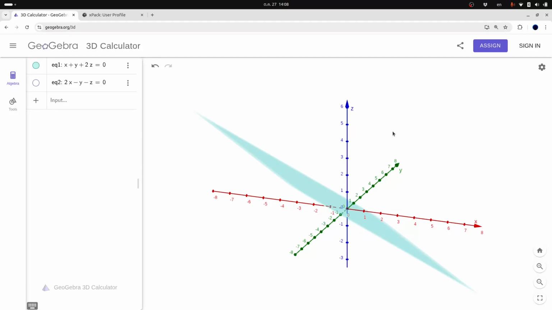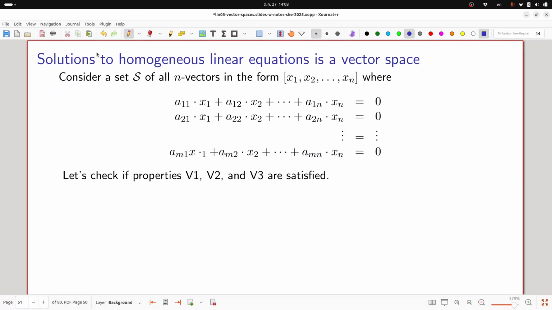So if you have a point satisfying x plus y plus 2z equals 0, let me write it down here. If you change x a little bit, say decrease it by 1 unit, you need to increase the value of z to compensate for the change in x, but you only need to increase z by half a unit.